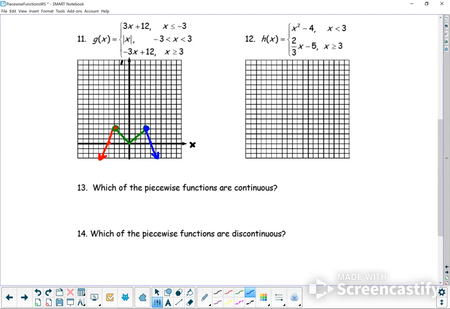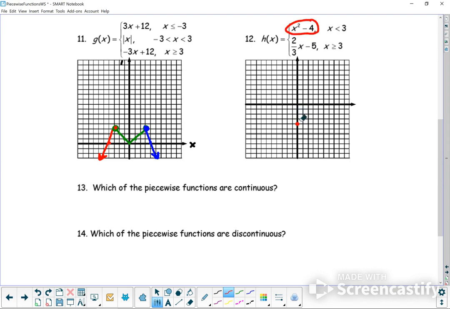Okay, the last one. This one looks like we need to have a little heavier on the top. So maybe like that. Okay, so this one's x squared minus 4.